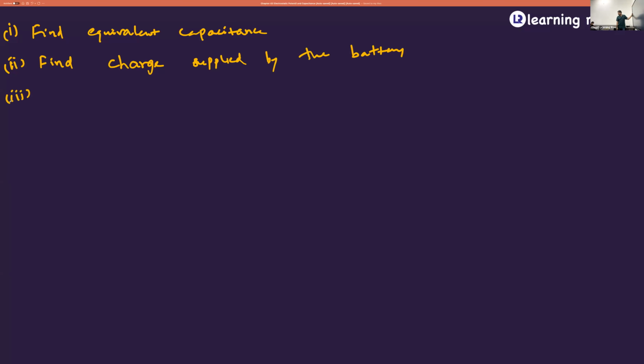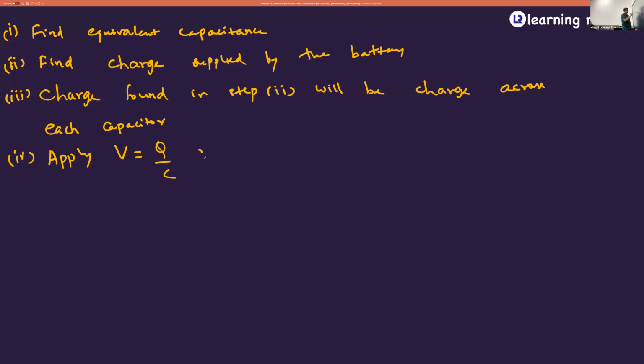Then what is the fourth step? Apply V is equal to Q divided by C across each capacitor. So this will solve. So when will you follow these steps? When you're asked to find the potential difference across capacitors in series.